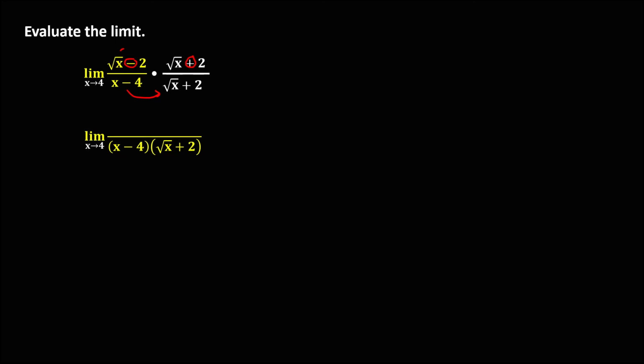So we have x minus 4 times the square root of x plus 2. For this numerator, a plus b times a minus b is equal to a squared minus b squared. So this is a and this one is b. So we have the square root of x to the power 2, then minus 2 to the power 2.